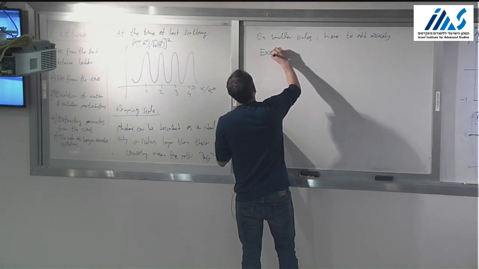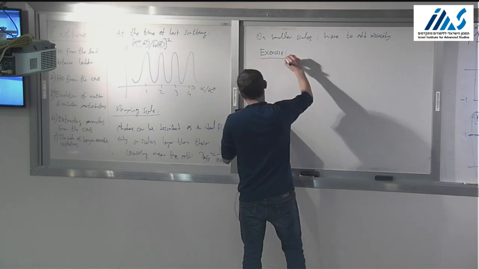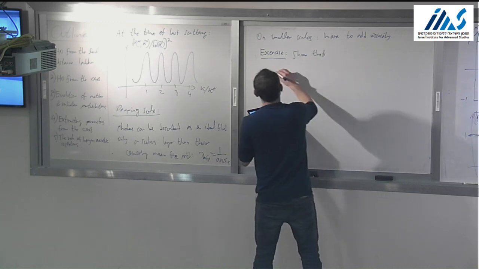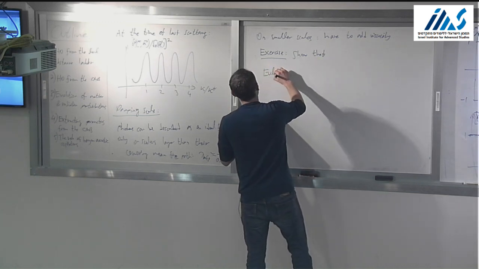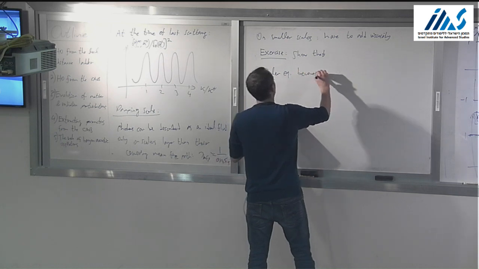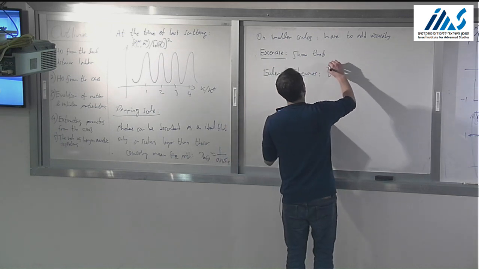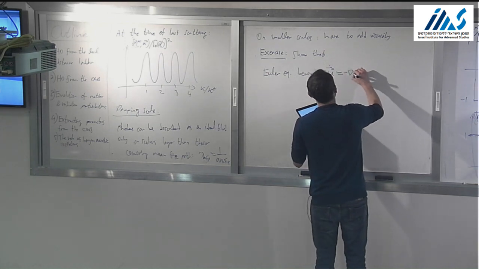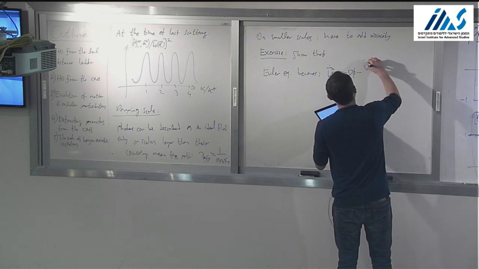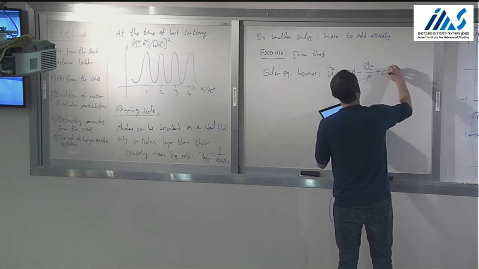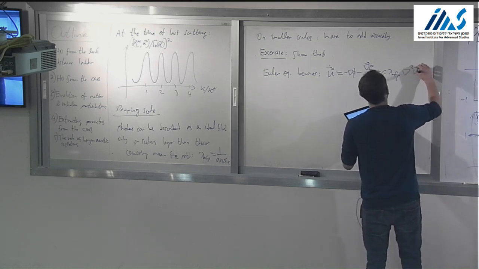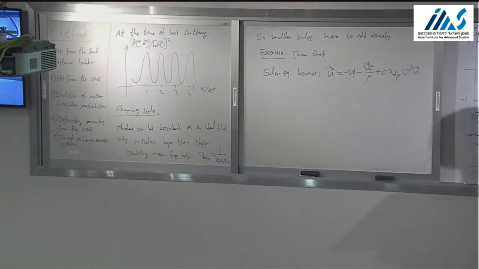So now, as an exercise, show that the Euler equation becomes this, with an additional factor.